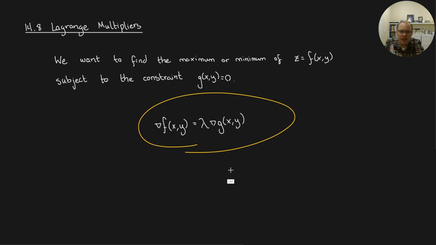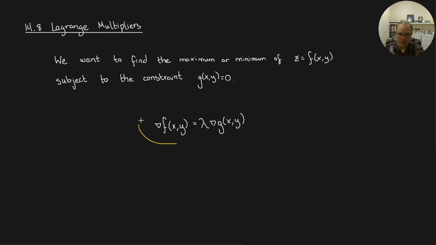Now, this will actually give us one more variable than we have equations, so we need one other piece of information to be able to solve this, and that is our original constraint equation. Once we take the gradient, we lose any information that it was equal to 0, right? This was equal to 2 or 17 or whatever. Once we take the gradient, the derivative of that constant goes away. Okay?